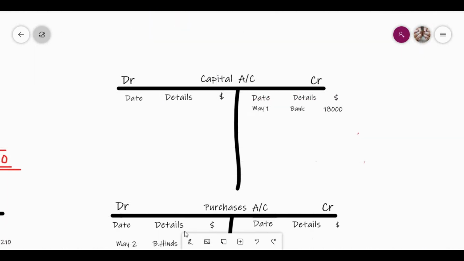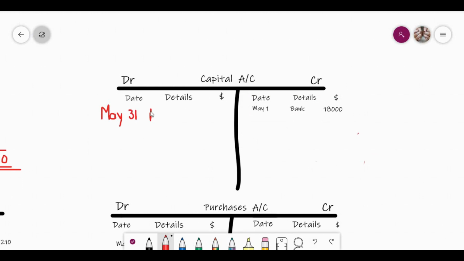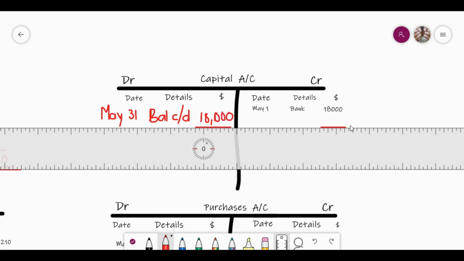We're going to be doing the same thing for the capital account. So there was only one transaction in the capital account, so we're going to be just basically placing the same figure on the other side. These accounts are much easier to balance off because there are no required calculations.